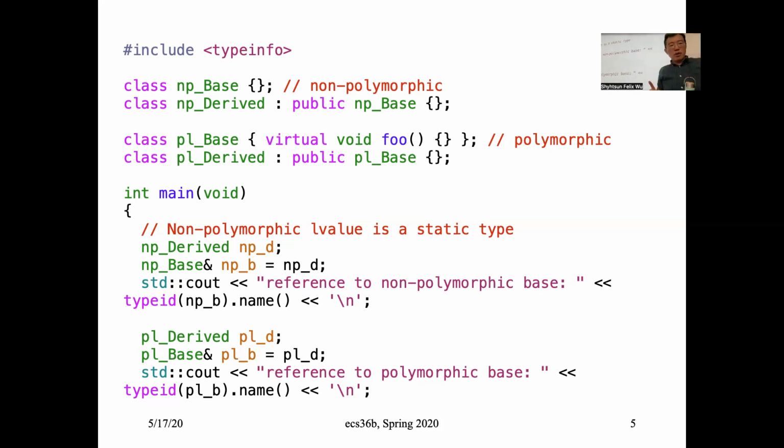Okay, so now let me show you a piece of code. I want you to guess what code is generated. You can see that in this line, I create an object called NPD. And then I cast NPD to NPB, which is the base. So now these are two objects that don't inherit from each other with polymorphism.